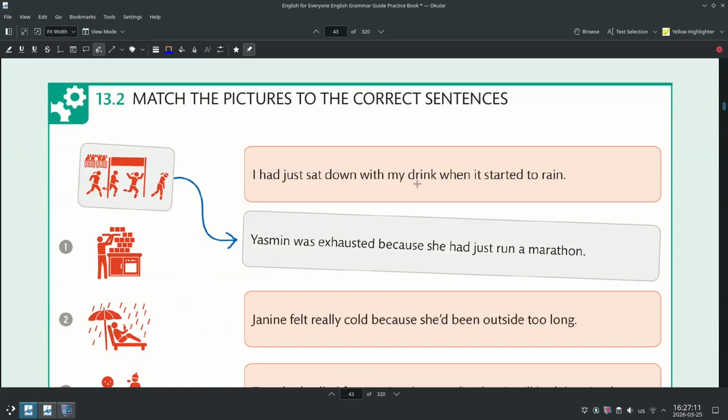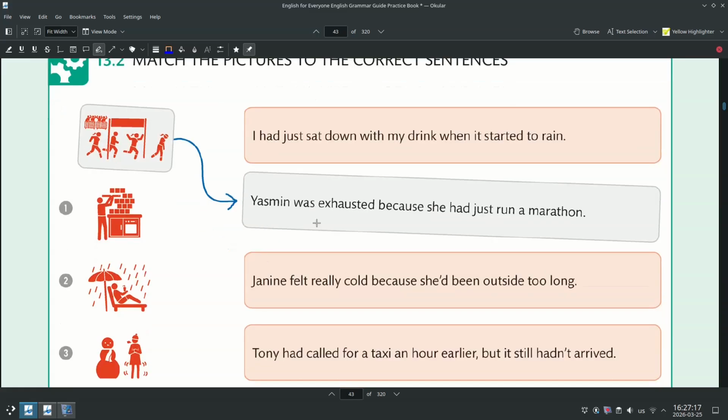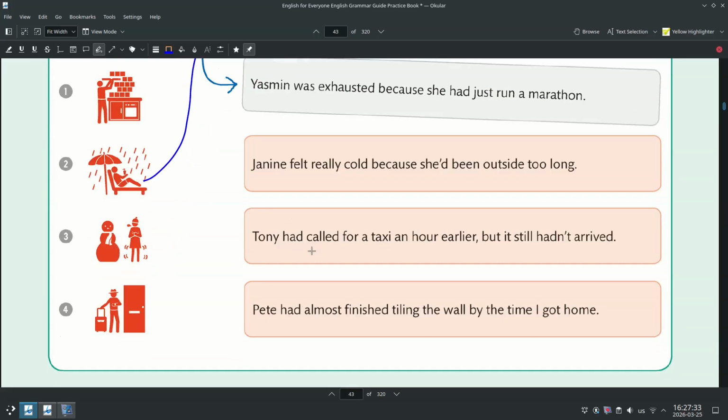Now, let's match the pictures to the correct sentences. Yasmin was exhausted because she had just run a marathon. What about this sentence? I had just sat down with my drink when it started to rain. Picture number 2. Janine felt really cold because she'd been outside too long.